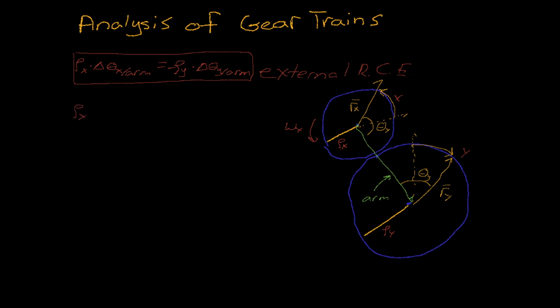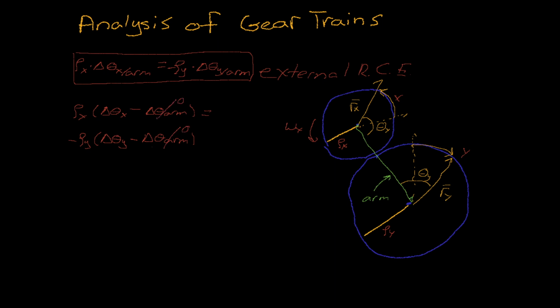Rho x times delta theta x relative to the arm, so minus delta theta arm, is equal to minus rho y times delta theta y relative to the arm, minus delta theta arm. Okay, and like we said, the arm is stationary, so there's no change in the arm position, so this will just be 0 and 0.